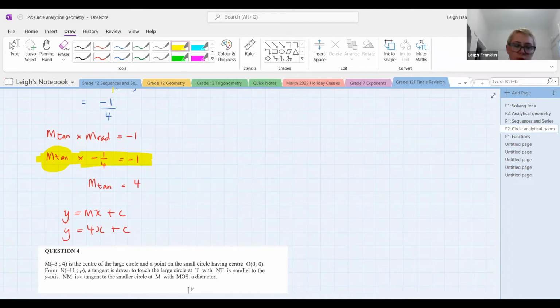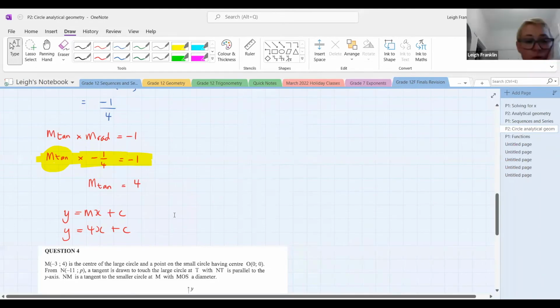Take -1 on your calculator and divide it by negative 1 over 4, and you will see that the answer is 4. So that's where it comes from.